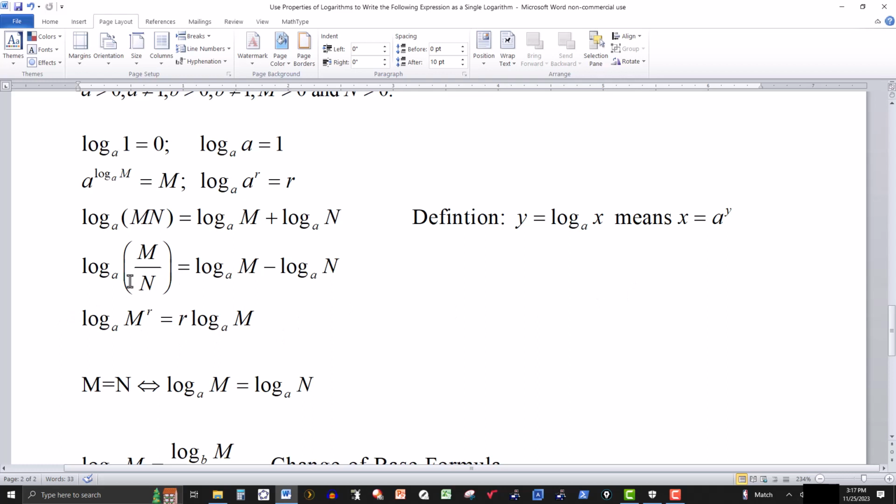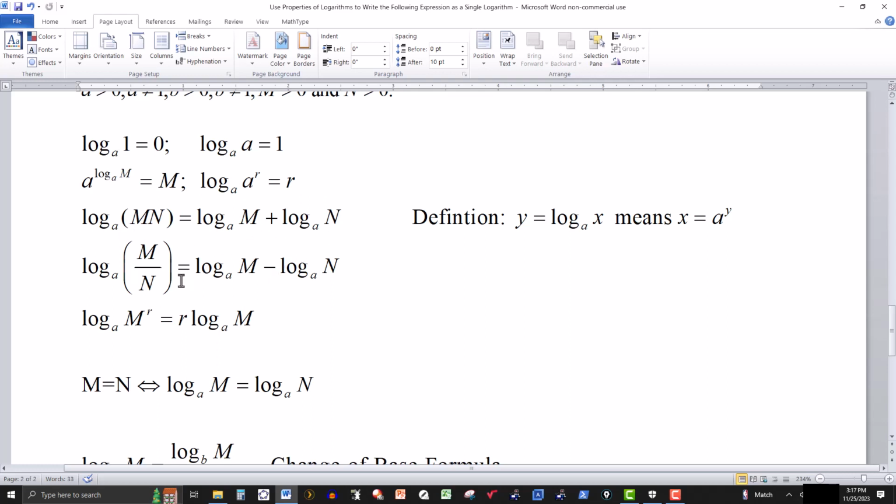this property here, the logarithm of a product to some base a, or any base, can be written as a sum of the logarithms. And keep in mind that this goes both ways. So if you have the sum of logs and they have the same base, you can write it as the log of a product of those quantities, in this case m and n.